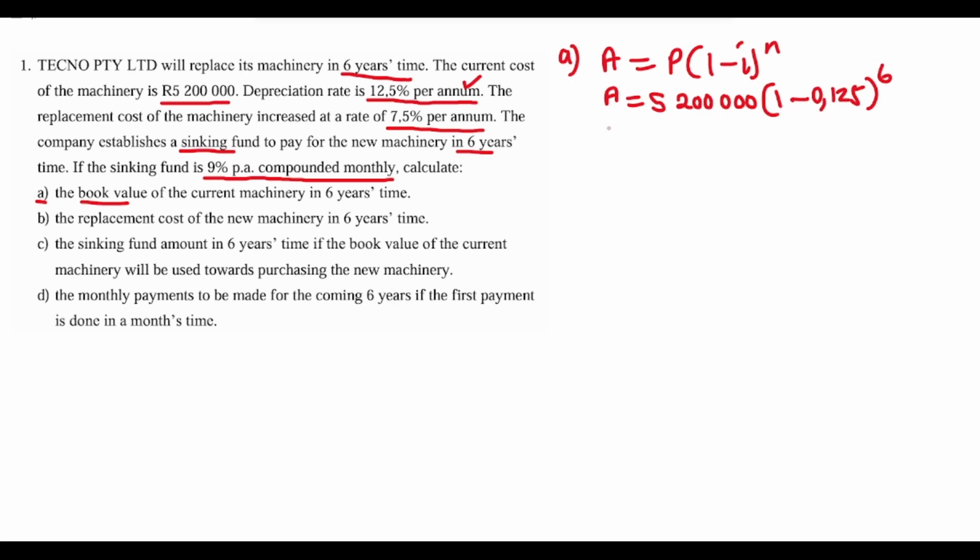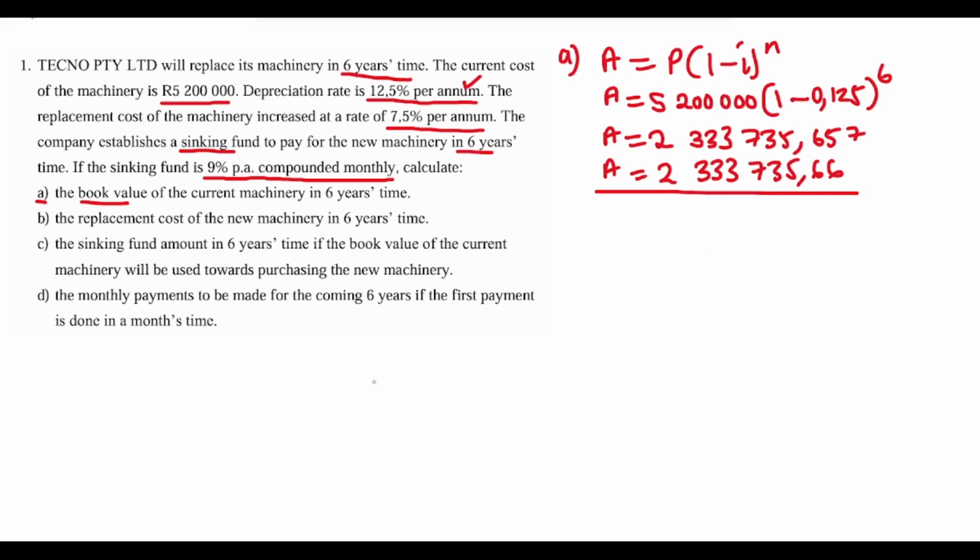Then we just put this in the calculator, and find that A is equal to 2,333,735.657. So roughly the book value of this machinery in 6 years' time will be 2,333,735 rand and 66 cents. This will be the value of the machinery in 6 years' time.